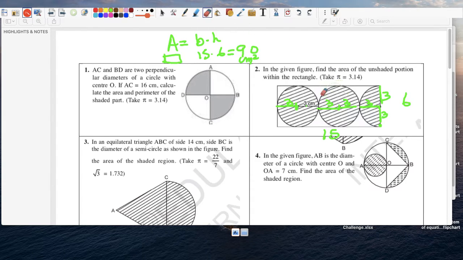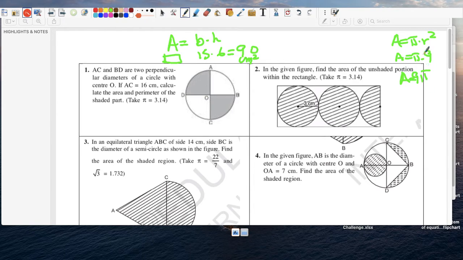So we took care of the rectangle. Now we've got to find the area of these 2.5 circles. Let's find the area of one circle. Pi r squared. Area equals pi, and what's the radius of the circle? The radius is 3, and 3 squared is 9. And we get 9 times pi.